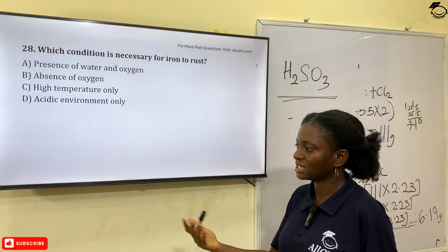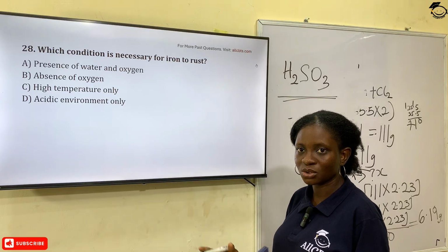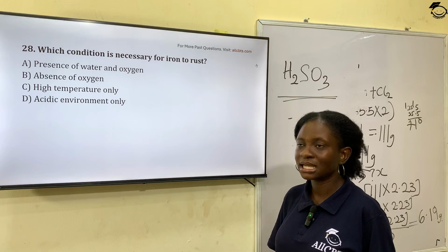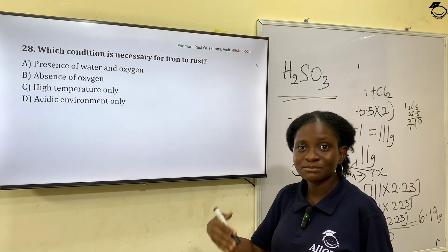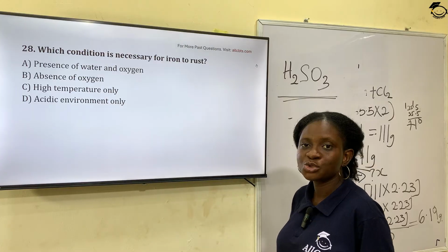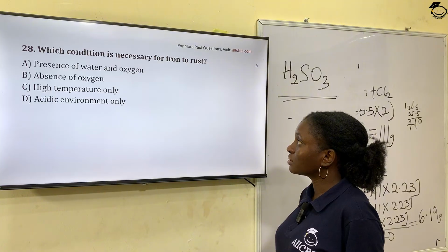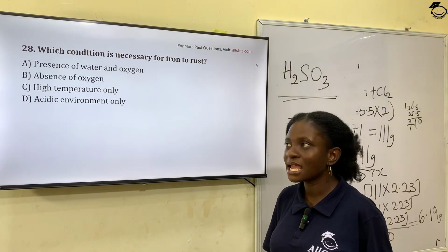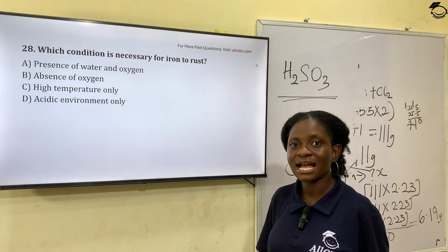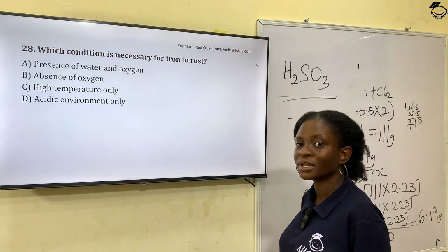When you leave an iron or steel and it's not galvanized, that means it's not coated with zinc, if water keeps touching it in the presence of moisture or water, it can lead to rusting. That's formation of iron 3 oxide. So the correct answer is A, presence of water and oxygen. Option A is the correct answer.